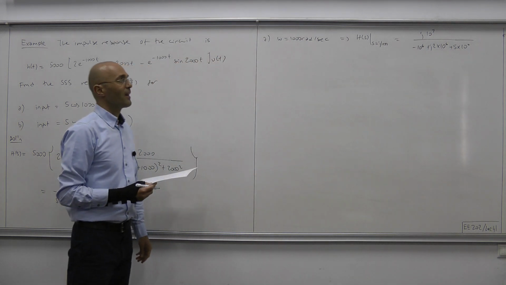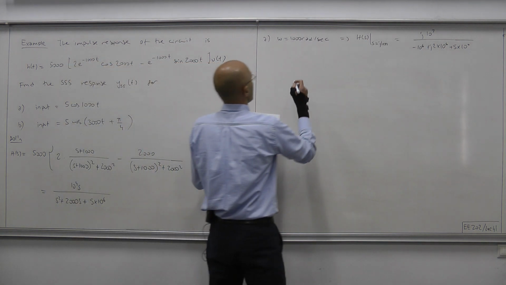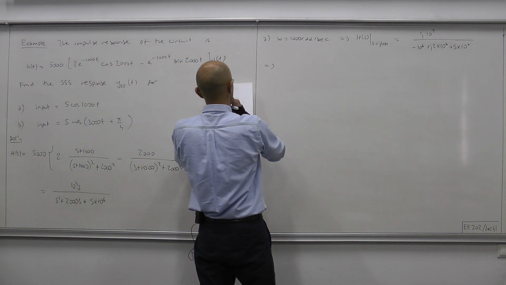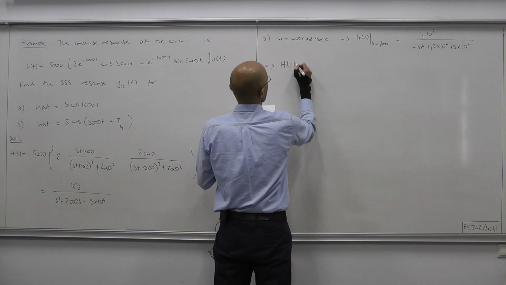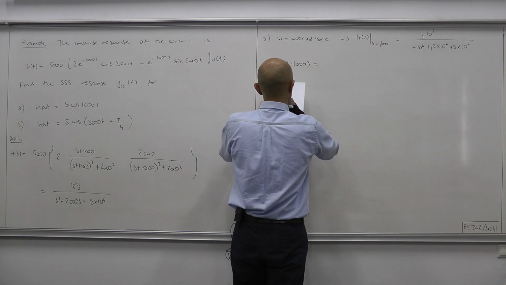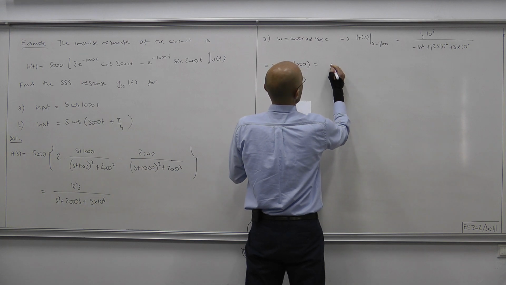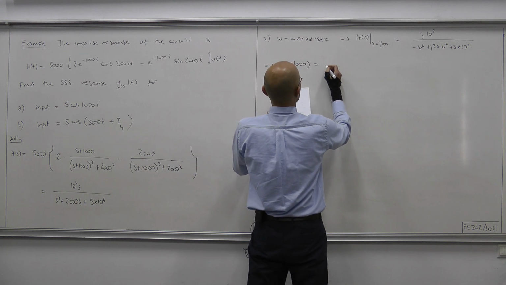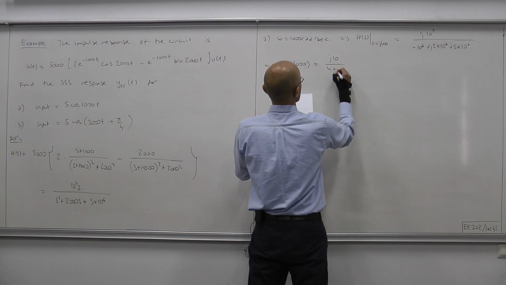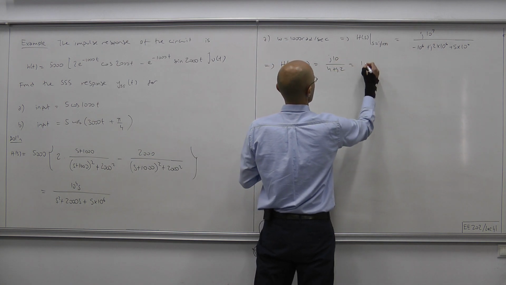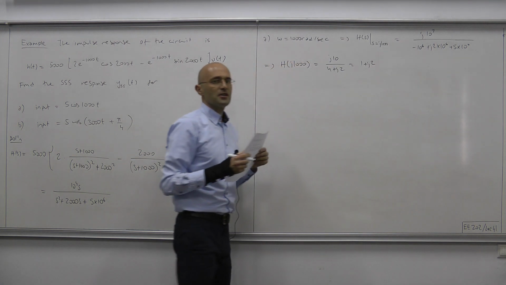From which we see H(j1000) equals j10 over 4 plus j2, and that can be simplified into 1 plus j2.